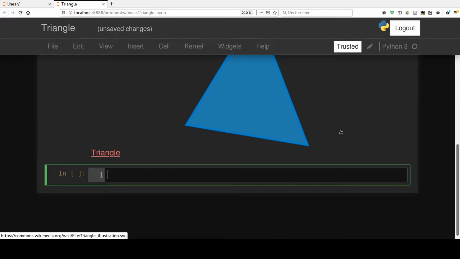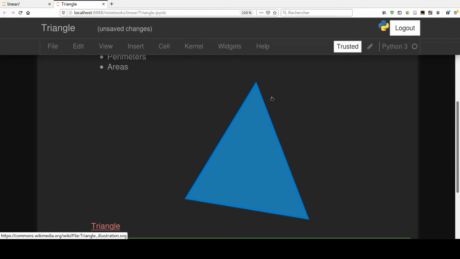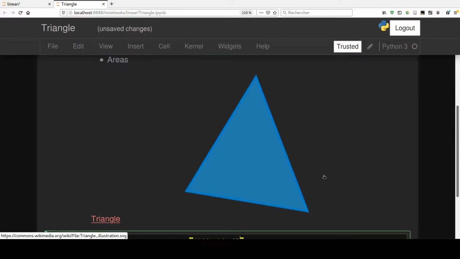Basically, we have a function called compute perimeter. It takes differences of side AB. Let's assume that the corners of the triangle are called A, B, and C.